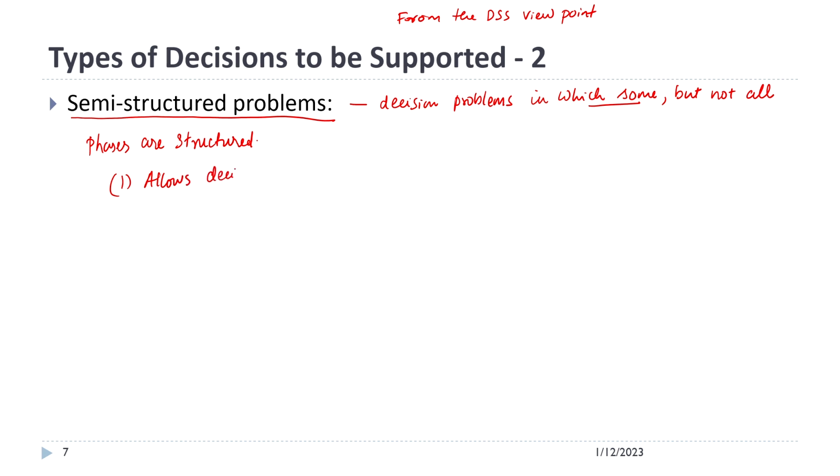It allows the decision maker to combine standard solution processes with human intuition.